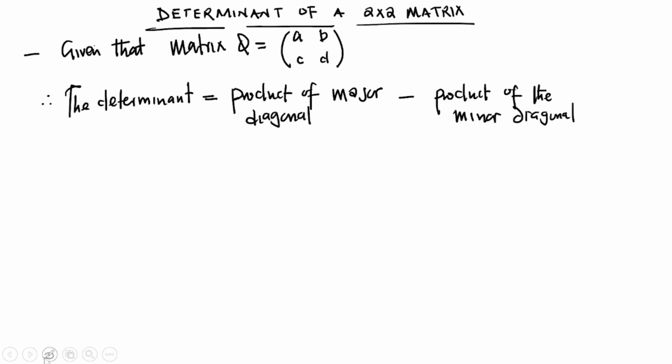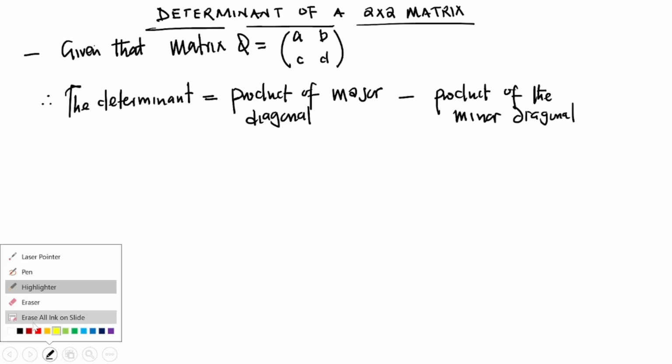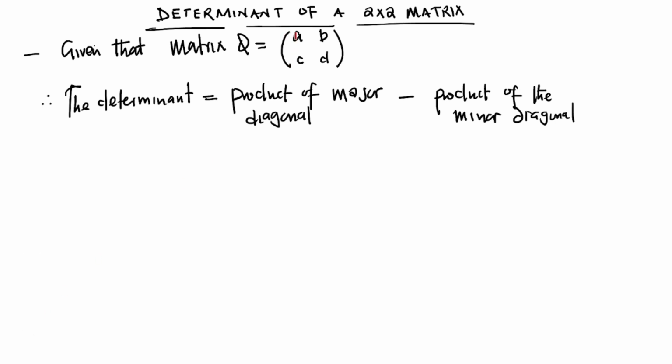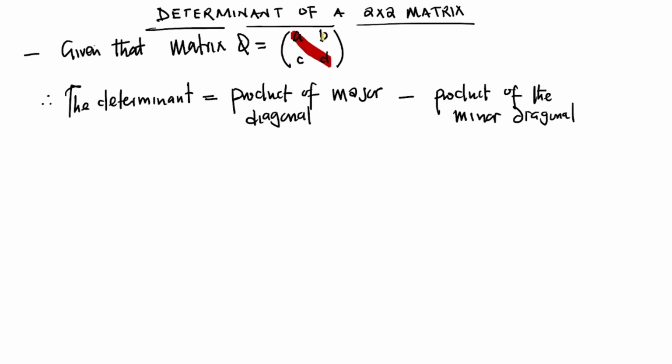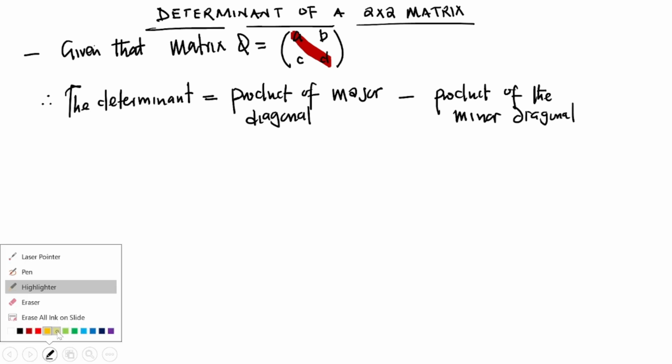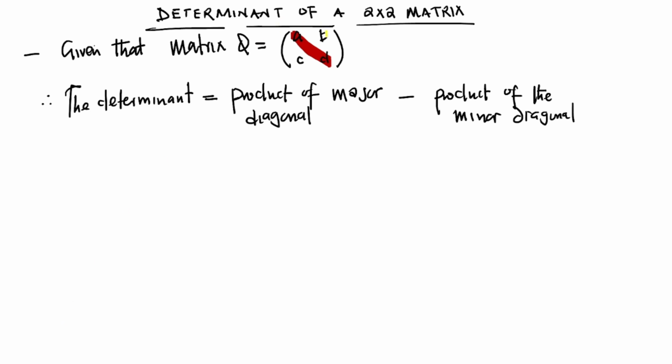This is what we call the major diagonal, the A and the D. Then this, which is highlighted in yellow, is what we call the minor diagonal.